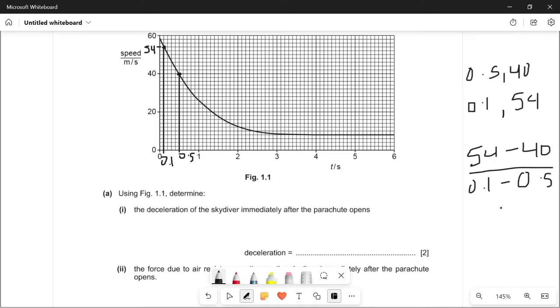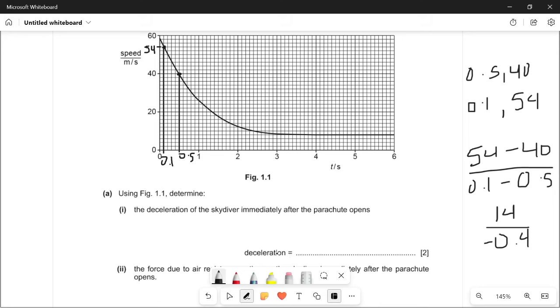So 54 minus 40, that's 14, over 0.1 minus 0.5, which is negative 0.4. So when we divide that, it's going to be negative 35. So the acceleration is going to be negative 35.